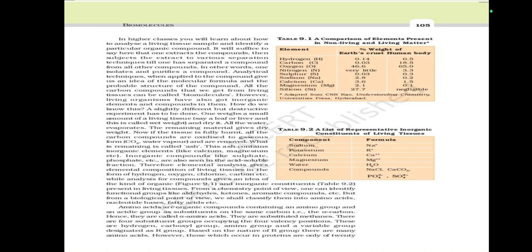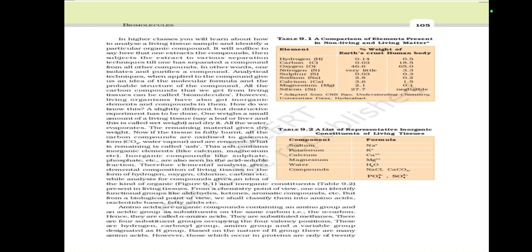One can identify functional groups like aldehyde, ketone, aromatic compounds, etc. But from a biological point of view, we shall classify them into amino acids, nucleotide bases, fatty acids, etc.